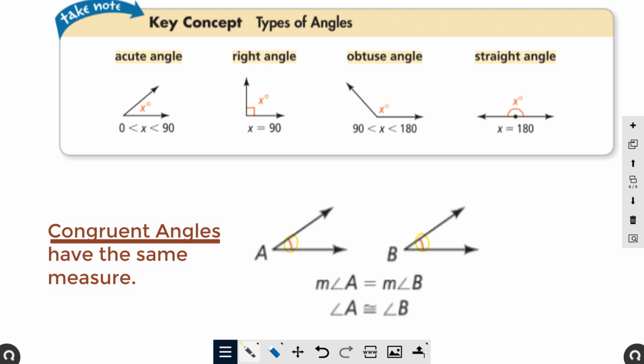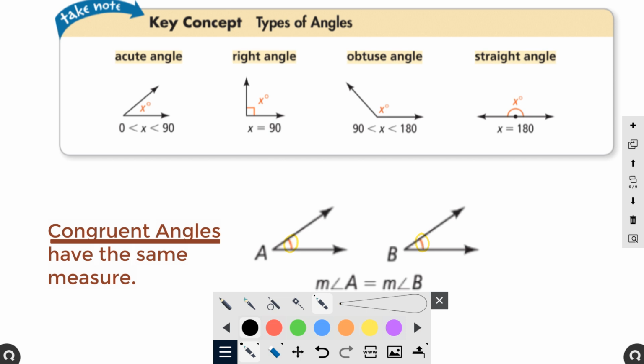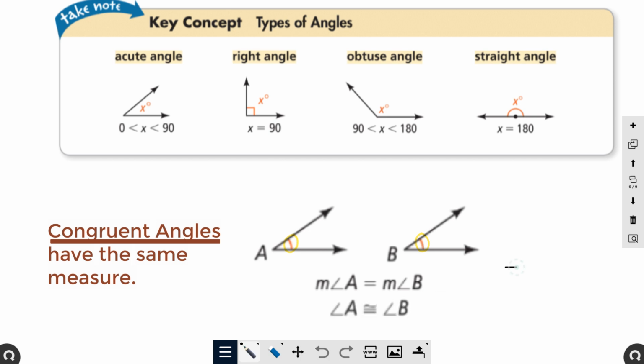So down here is two different types of notation that you will see. The measure of angle A is equal to the measure of angle B. And then you have this symbol here. That's kind of hard to see, so I'll draw it a little bit bigger. If you see an equal sign with a squiggle over top, that means congruent.